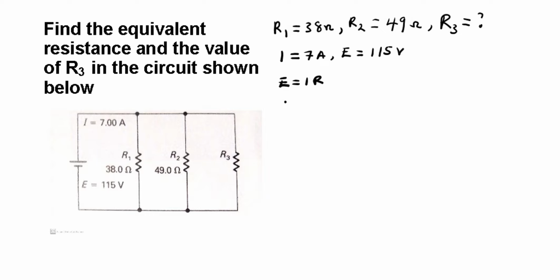Then our I equals E over R. Then our R is now equals to E over I. Then what is the value for E? 115, divided by the current, 7, which will give you 16.4 ohms.